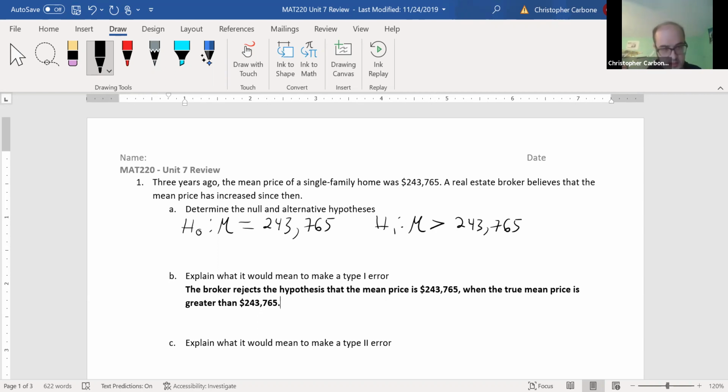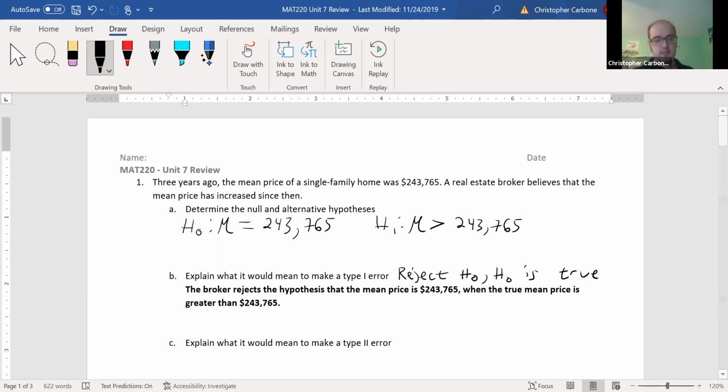Again, this is rejecting the null hypothesis when the null hypothesis is true.